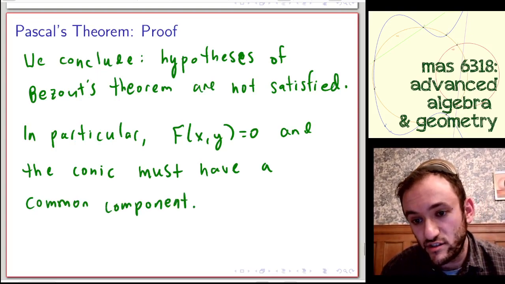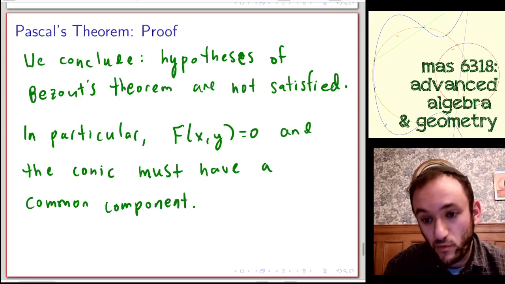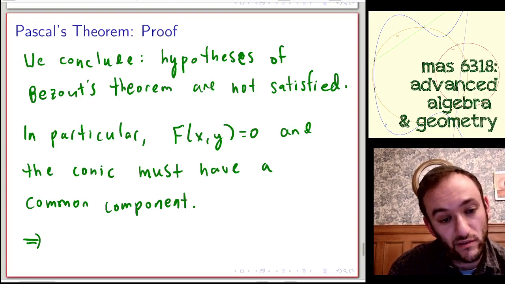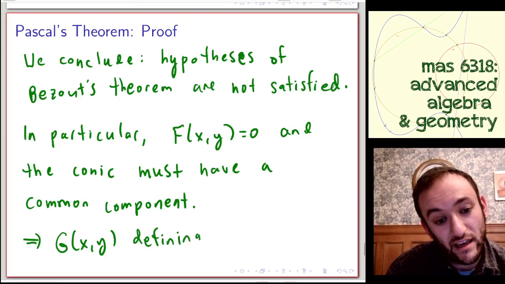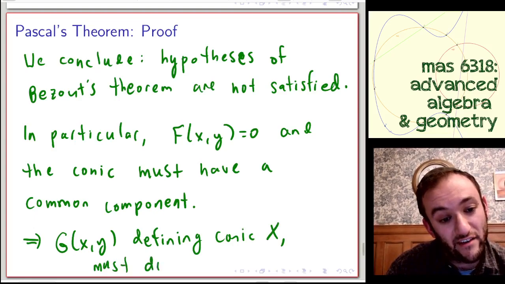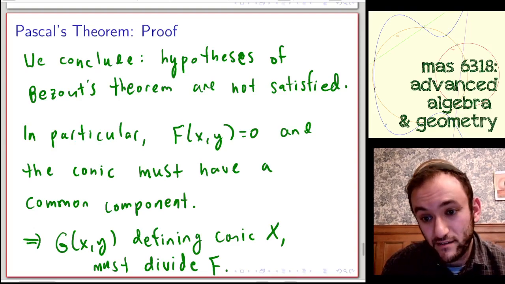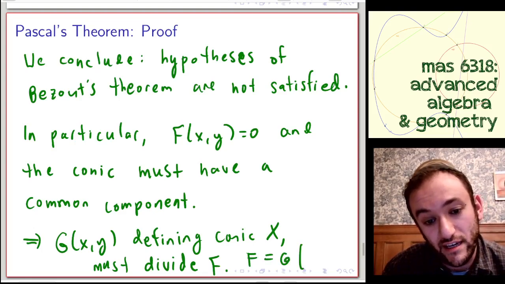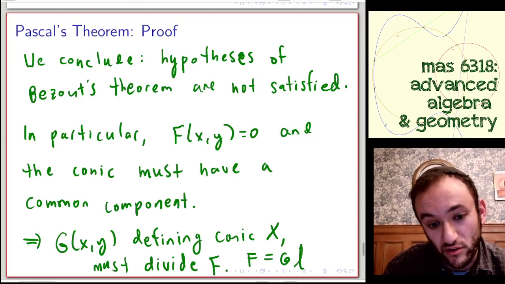But the conic is just a conic, so that must mean that the degree 2 equation defining the conic divides f. Let's call that equation g. So g of xy defining the conic must divide f. That means f equals g times some other polynomial, but since g has degree 2 and f has degree 3, this has to be a linear polynomial.